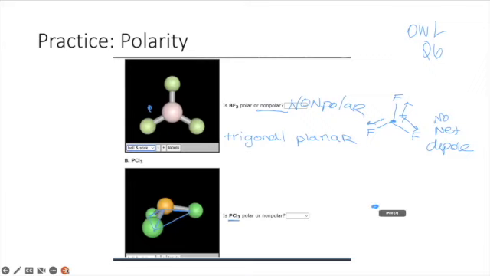If we were to look at the periodic table, Cl would be the more electronegative atom, meaning that all the dipoles would point towards all the Cls. Because this is not in the same plane, like it is up here, there's a net dipole that's pointing down. So this molecule is polar.